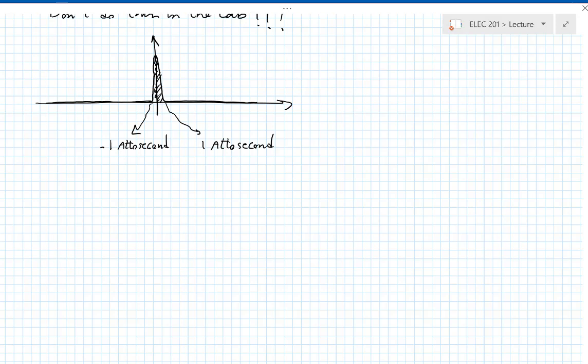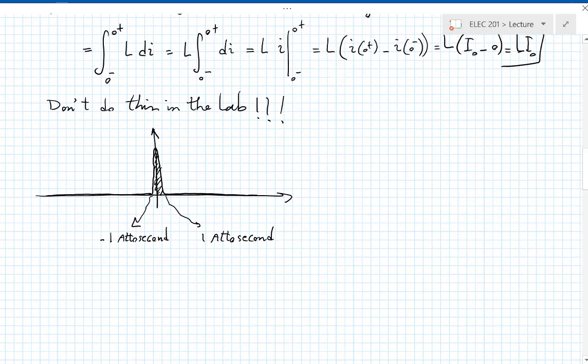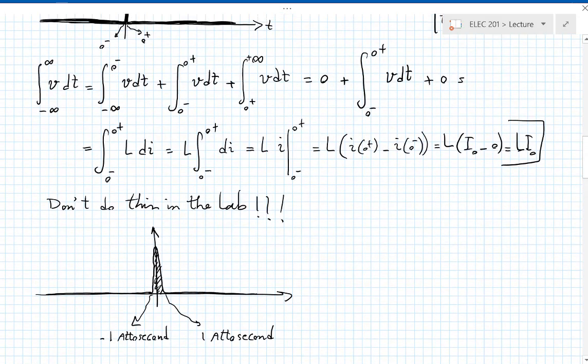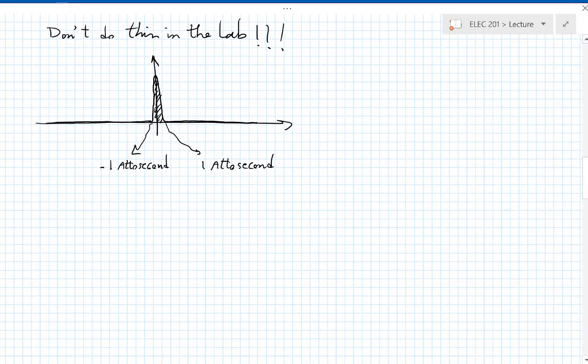And so the integral stays the same. It's the area under that. That's basically a delta function. And for a delta function, you define the area as 1. In our case, it's a scaled delta function where the area comes out to be Li naught. Okay? And this is actually pretty useful. If you hadn't seen delta functions elsewhere, it's something that happens very commonly. It's a very useful function.